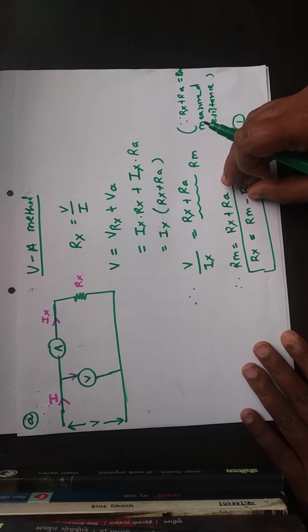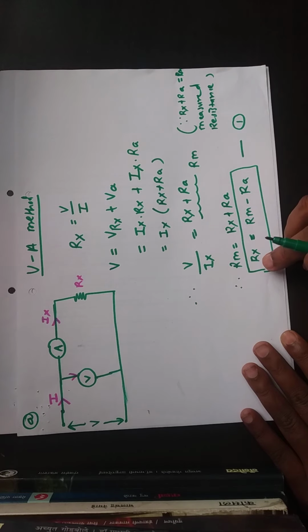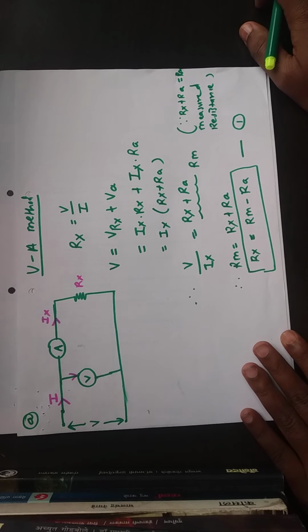If Ra is 0, then your unknown resistance will be equal to your measured resistance, and this is the ideal way to measure Rx.